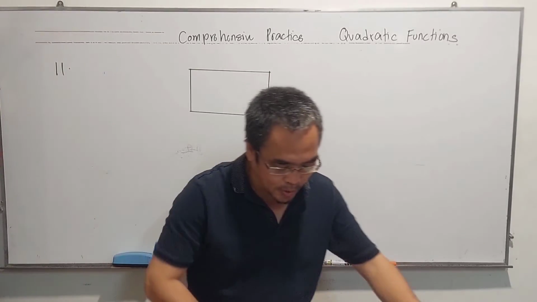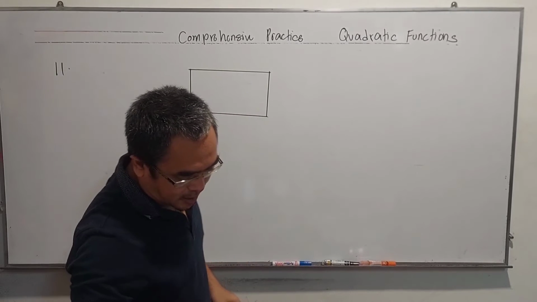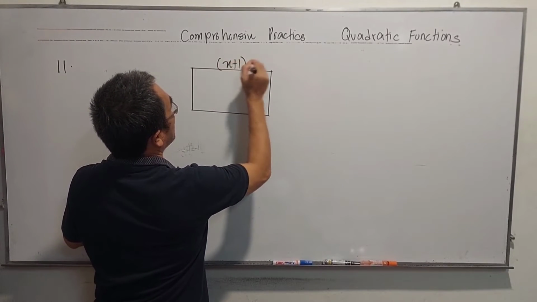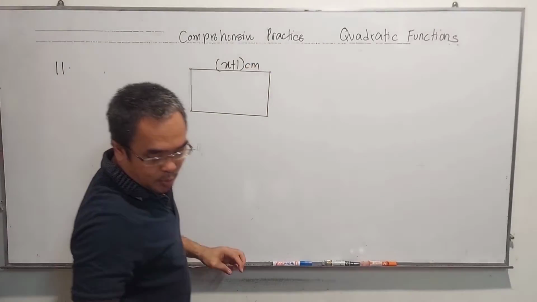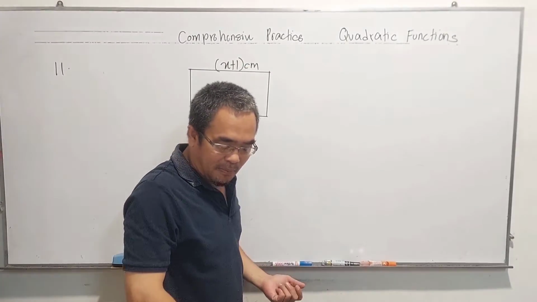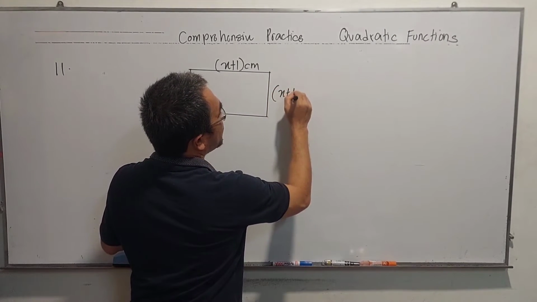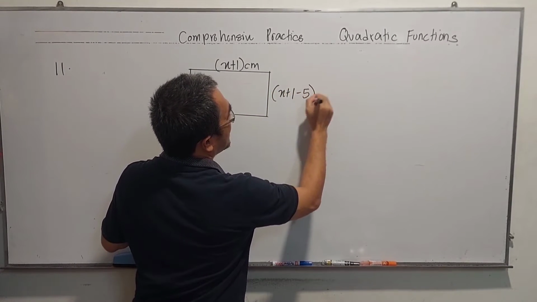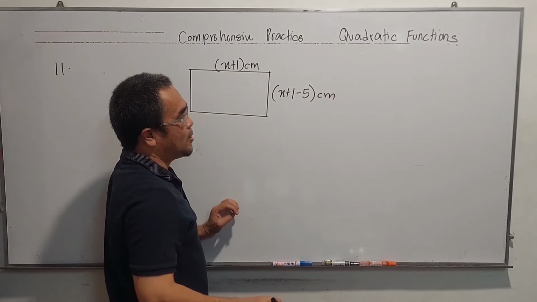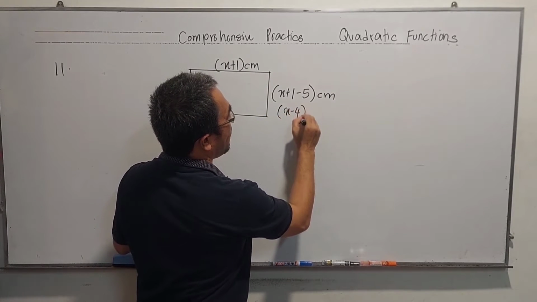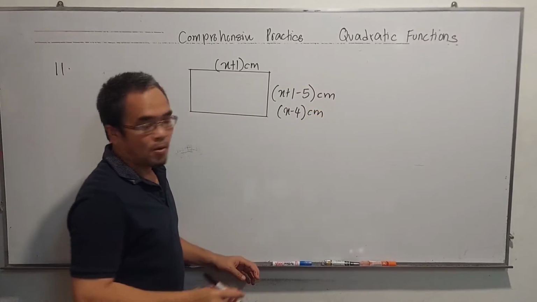The length is x plus 1 centimeter, and its width is 5 centimeter less, so it means x plus 1 minus 5 centimeter. We simplify that to x minus 4 centimeter.